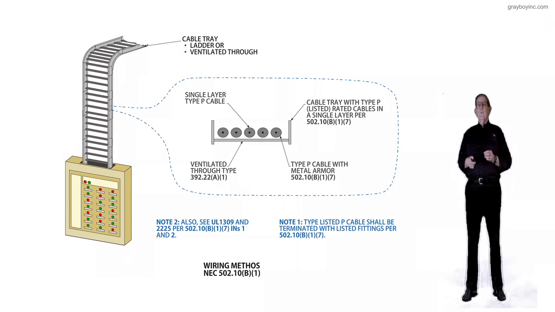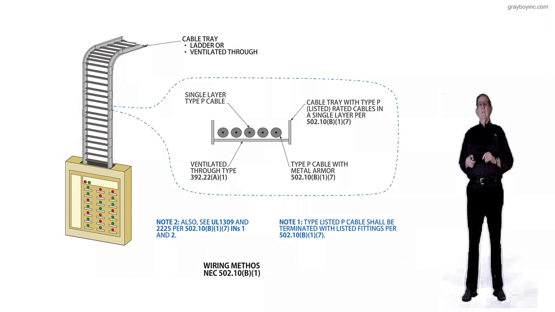But notice now we are required to put them in a single layer, not necessarily stack them. And then, of course, we have the center cable, and notice that it's a single layer type P cable when you review the callout.